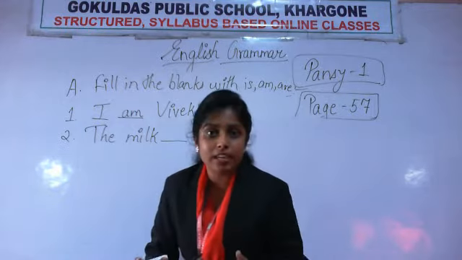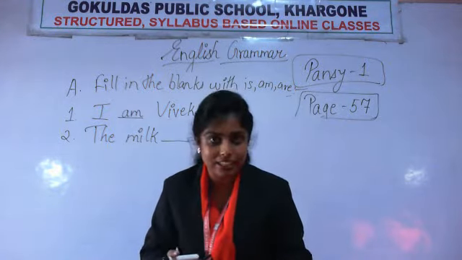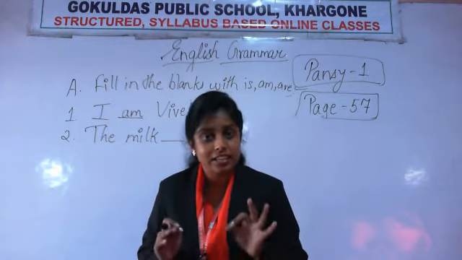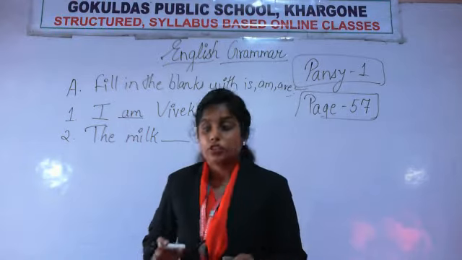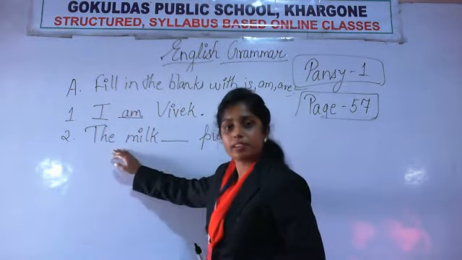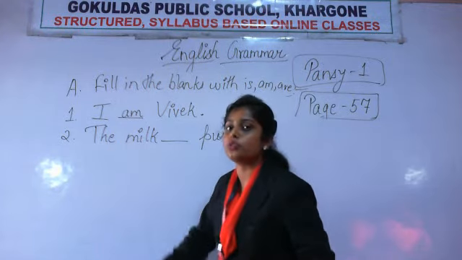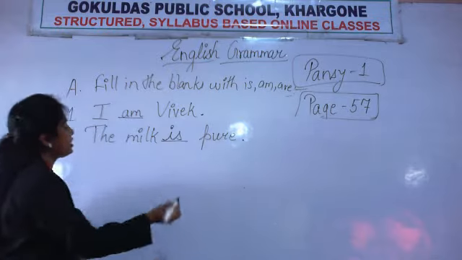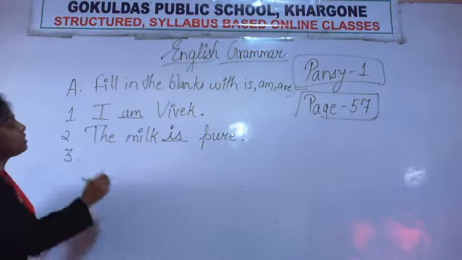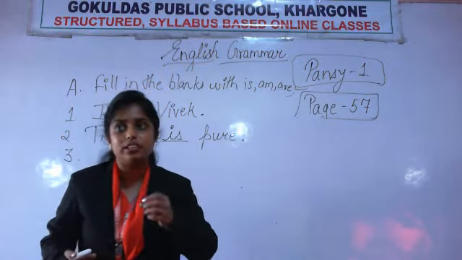And all uncountable nouns always exist in singular form. Is it clear? So here our subject is singular. And what do we use with singular subjects? We use is. We always use is with singular subjects. So the milk is pure. दूध शुद्ध है. The milk is pure.